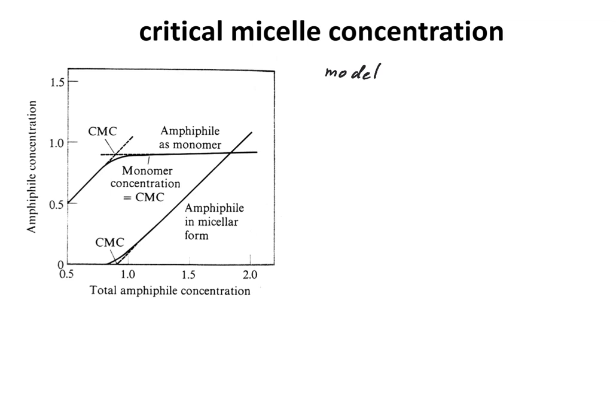Now let's try to make up a model in order to explain the formation of micelles and the occurrence of the critical micelle concentration. The model that we make up is just a chemical model. So we say there is an equilibrium between n monomers and the micelle, which contains n monomers.